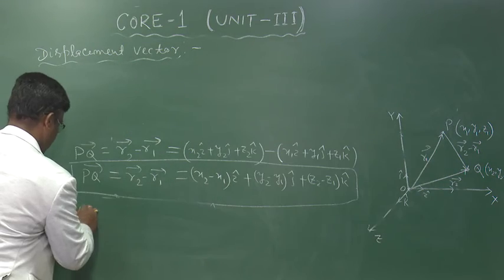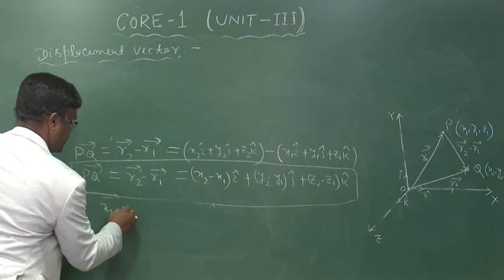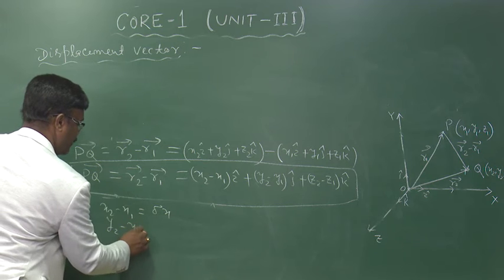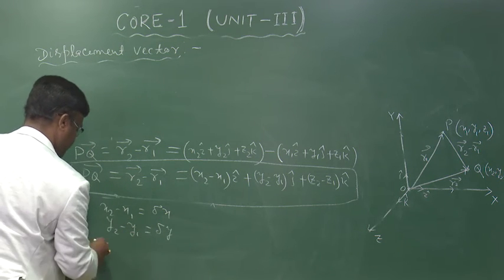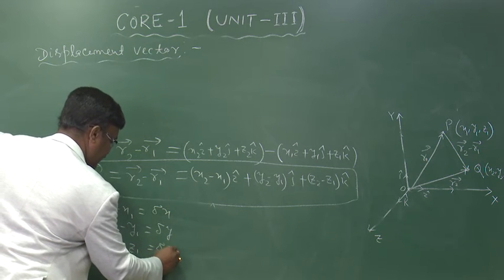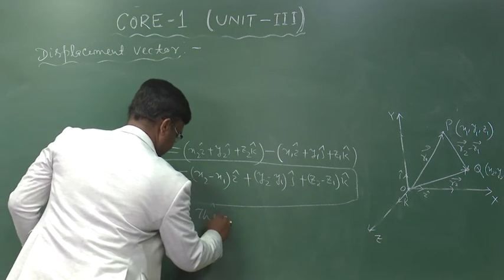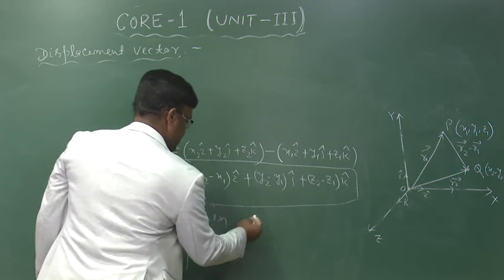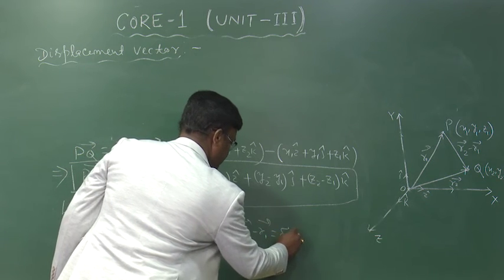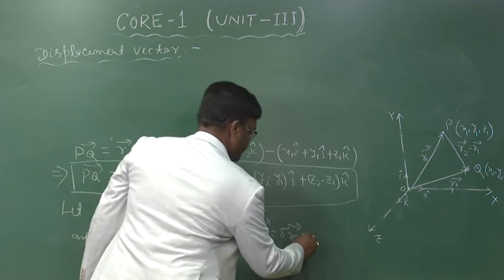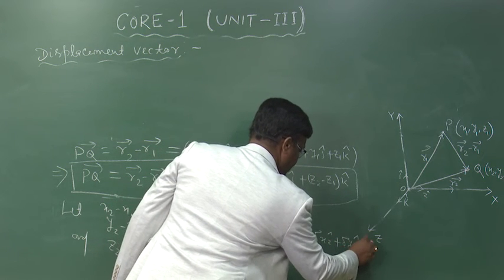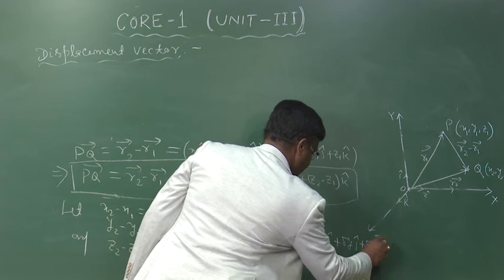where let x2 minus x1 be written as delta x, y2 minus y1 as delta y, and z2 minus z1 as delta z. Then the displacement vector r2 vector minus r1 vector is equal to delta r vector, which is equal to delta x i cap plus delta y j cap plus delta z k cap.